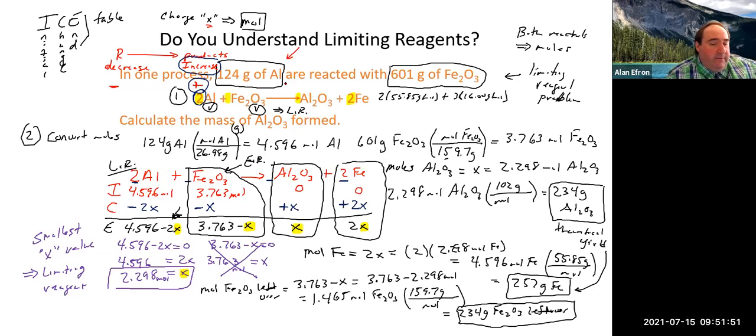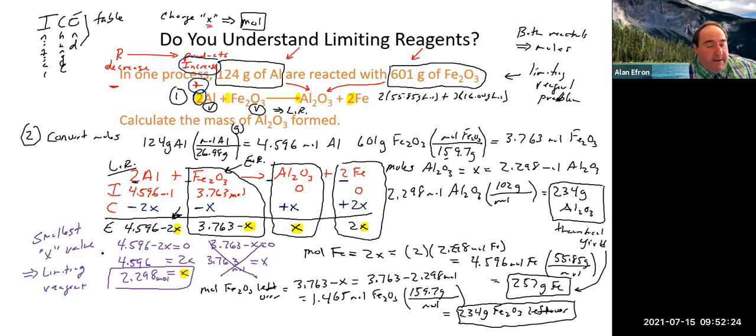For example, you would start with 124 grams of aluminum and convert it to moles of aluminum, then do the mole to mole relationship between aluminum and your product, and then convert those moles of the product into grams. Then you would do a separate stoichiometry calculation starting with the 601 grams of iron(III) oxide, convert it to moles, and then go the mole to mole relationship to the product and convert those moles into grams.